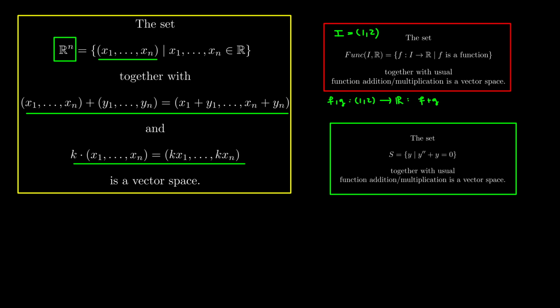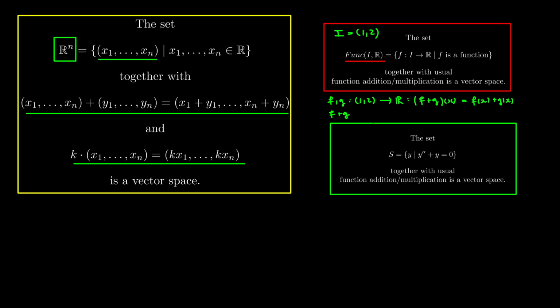Well, this is a function which, when I plug in x, I get a specific number, namely f of x plus g of x. And this is, of course, well defined. And so to any two such functions, I can define the sum of these functions. So in any case, this set here has an addition, which I've just defined.